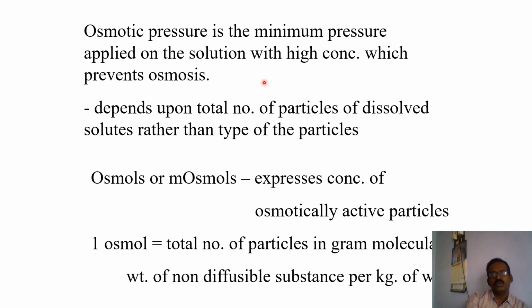The osmole expresses the concentration of osmotically active particles. One osmole means the total number of particles in one gram molecular weight of the substance. So it is the weight of non-diffusible substance per kg of water.